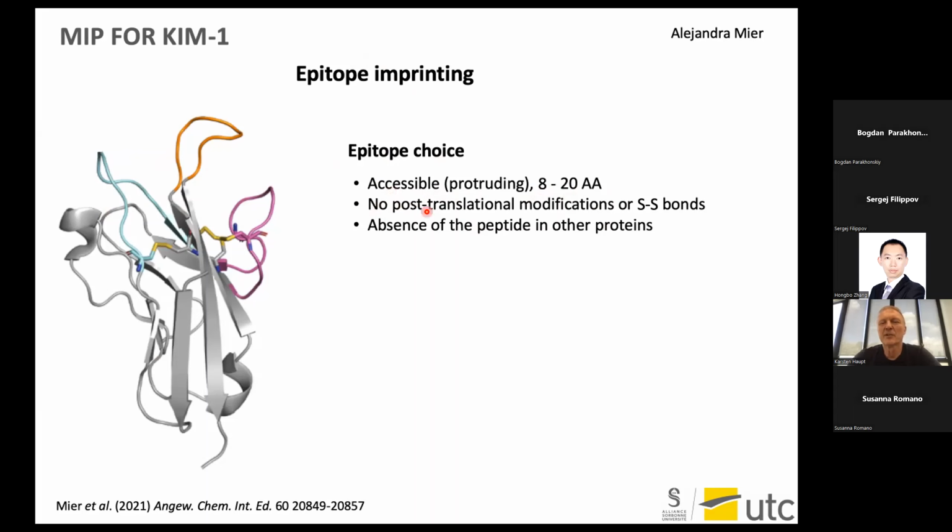And if possible, there should be no post-translational modifications or disulfide bridges in this area that we will choose. Here we have, for example, these 3 epitopes that look like they are protruding. So we could choose one of them. And of course, we have to make sure that the peptide is absent in other proteins. It must be specific to our protein that we want to recognize.